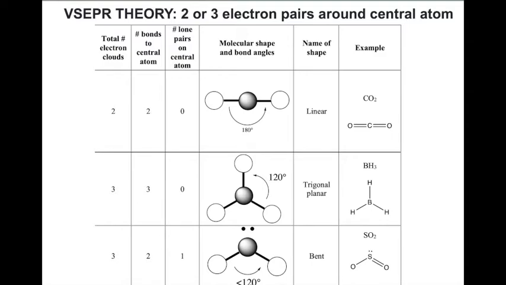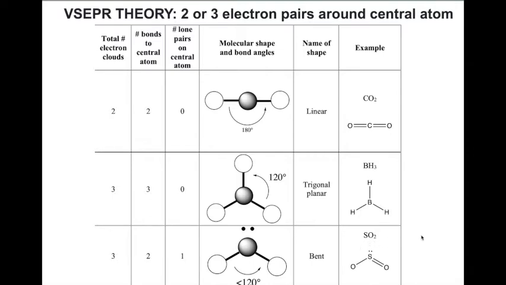And along with that, if we look at the molecular shape, we're just looking at what the atoms are. I've always made the central atoms darker colored, and then these peripheral outer atoms are light colored or clear. And in this case, we look at those atoms, and this is called a bent shape. And here's an example, SO2.